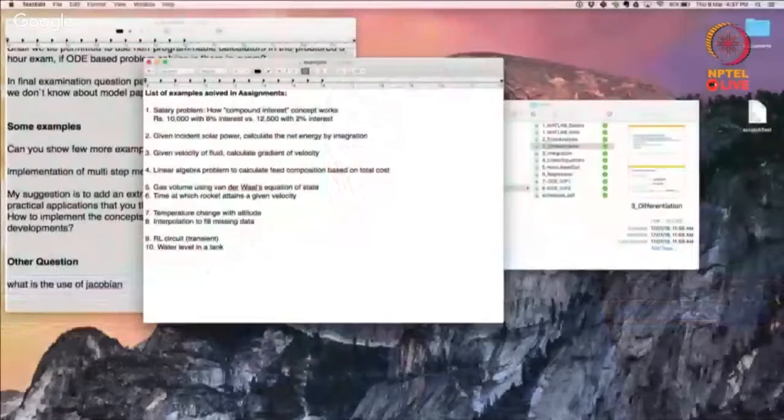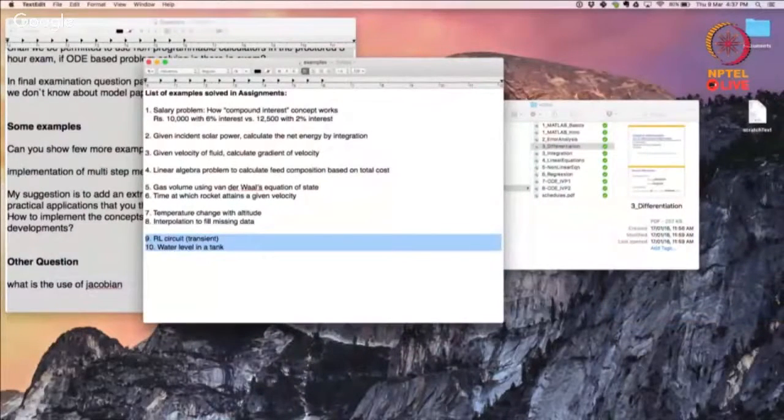In module 6, we only gave an introduction to curve fitting, but people who are interested in statistics and curve fitting type of problems can use the fundamentals taught in module 6 to introduce themselves to the statistical toolbox in MATLAB. And the final set of problems that we are currently looking at in module 7 is the RL circuit example from electrical engineering, and water level in a tank, which is a standard problem in process control that we teach in undergraduate.